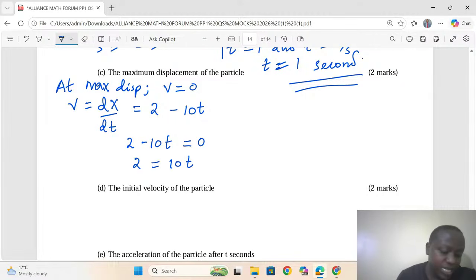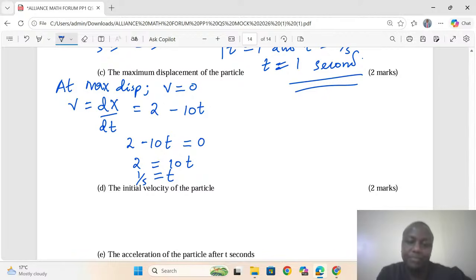The value of t shall be 2 over 10, which is 1 over 5.